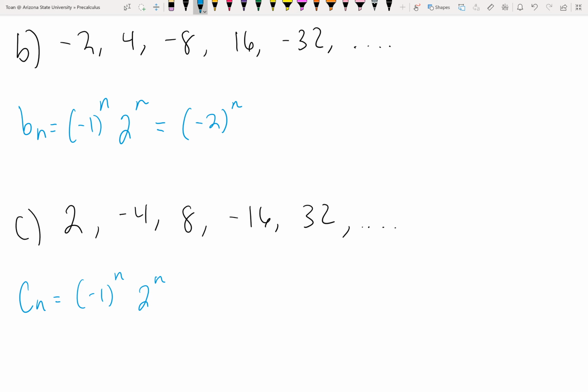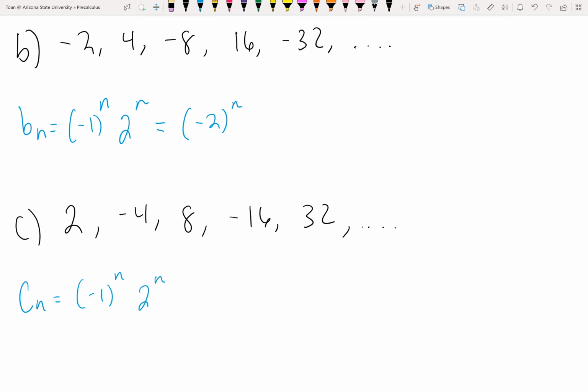These sequences, you always start at n equals 1. Well, if I plug in n equals 1 here, I get -1 to the first power, which is -1. And -1 times 2 should be a -2. But in our actual sequence here, we started at a +2. And as a matter of fact, the alternating positives and negatives are the exact opposite. What's going on here?